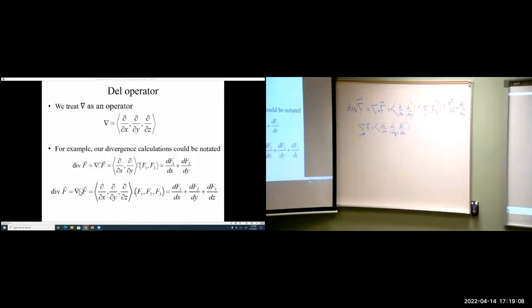Question in the chat. Sorry, Gabriel. Someone asked, are the directions of the gradient perpendicular to the force field? The gradient is the vector field. They're perpendicular to the level curves of the function.